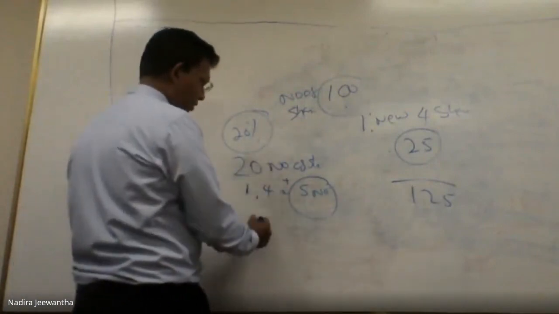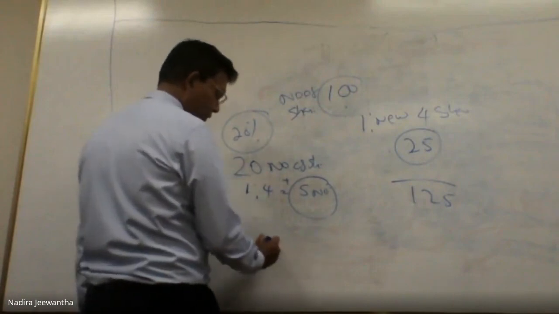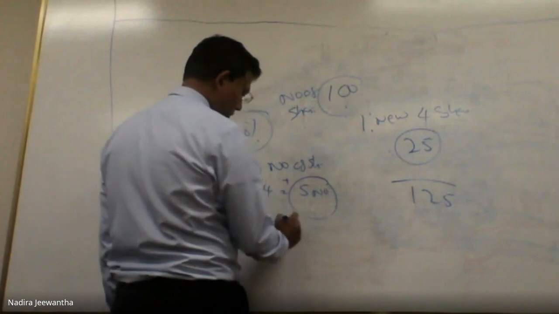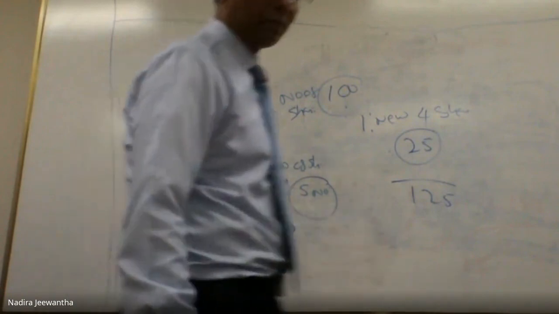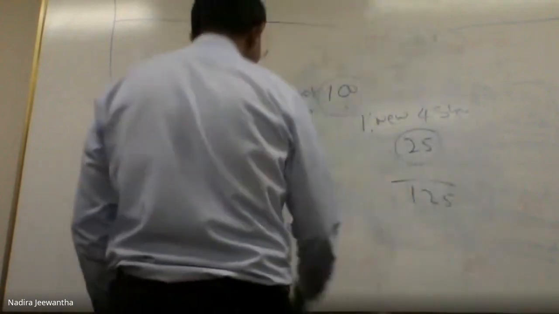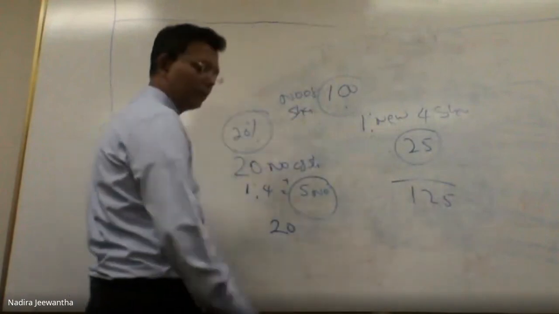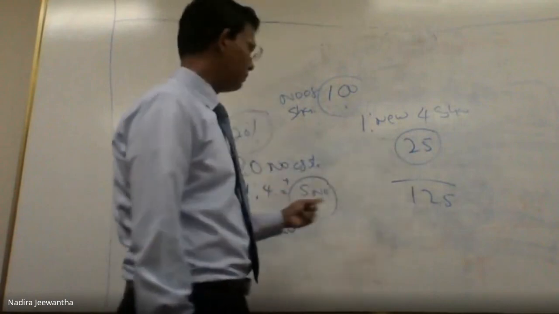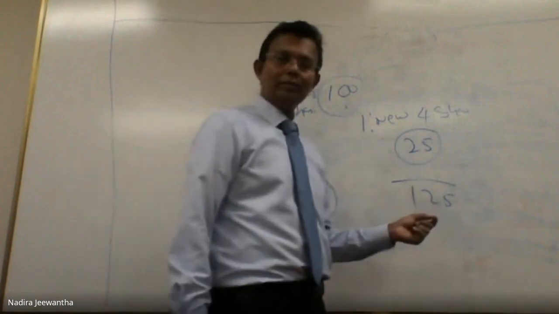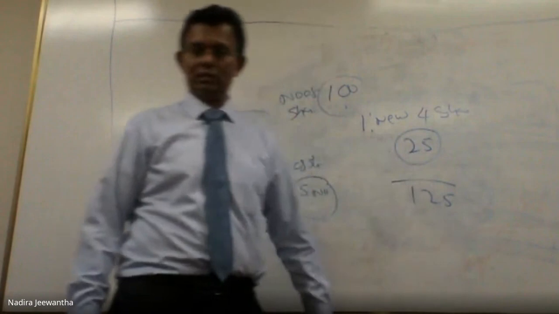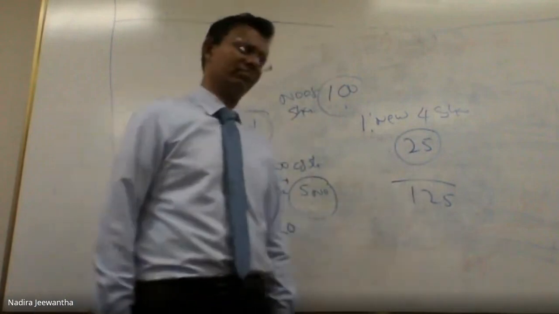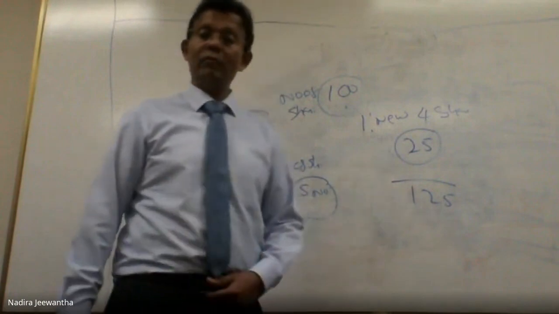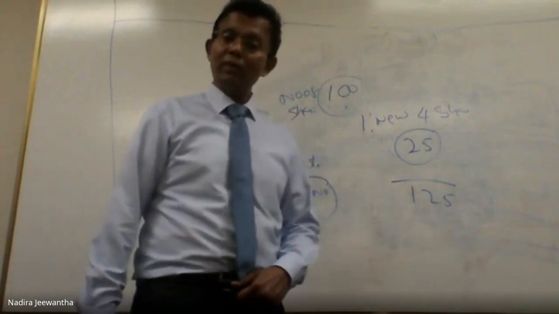How many shares do you have now after the right issue? 20. Why? Because I have not subscribed. I am holding my existing 20 shares. The company has issued the new shares. Do you think that if you don't buy, the company will not issue?